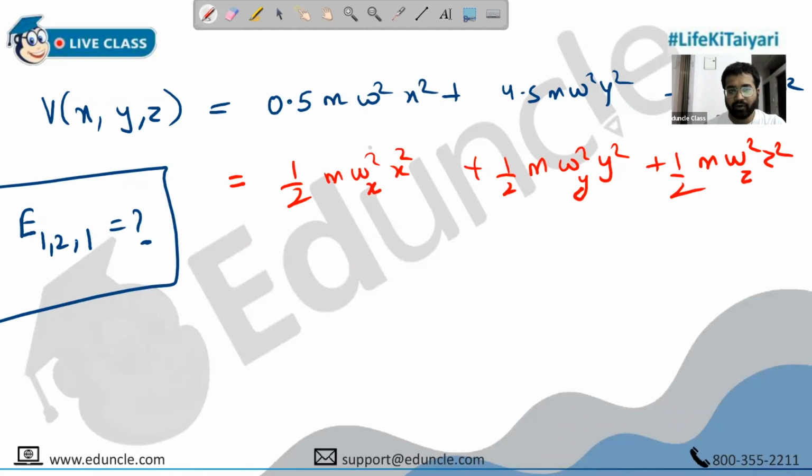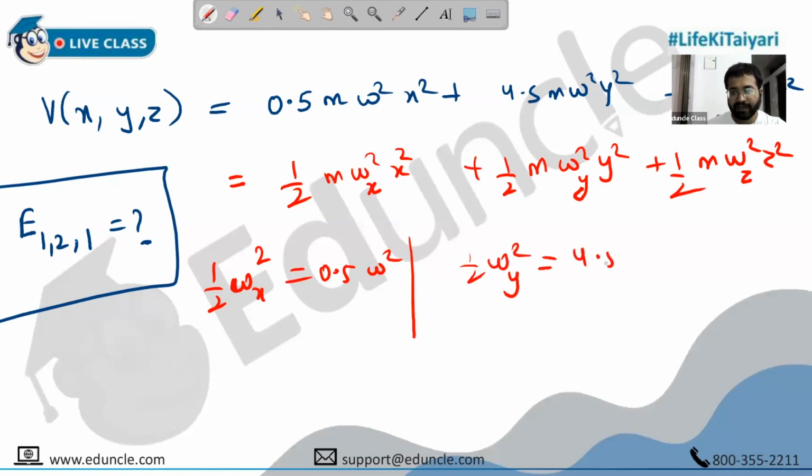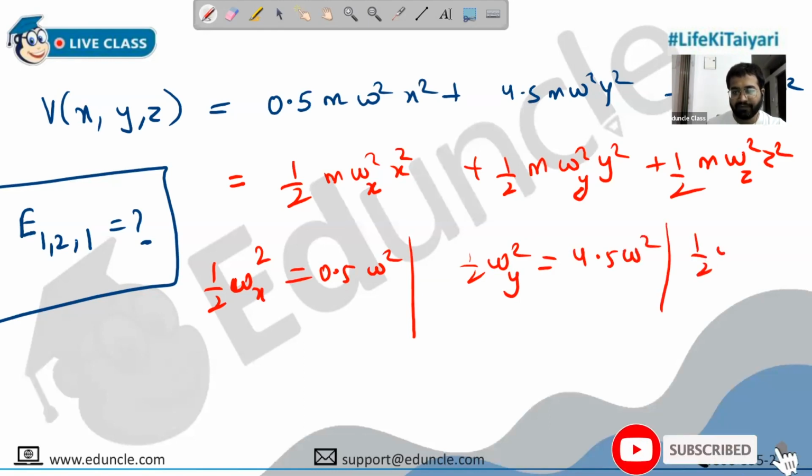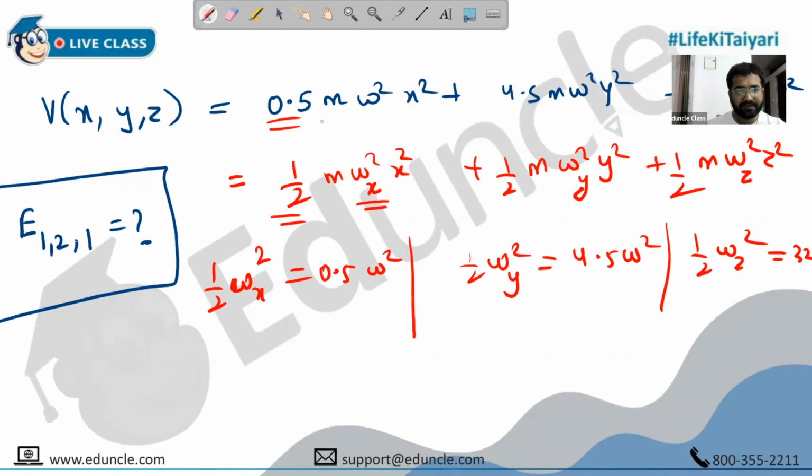Half omega x square is 0.5 omega square. Similarly, half omega y square is 4.5 omega square, and half omega z square is 32 omega square. I hope you have understood this.